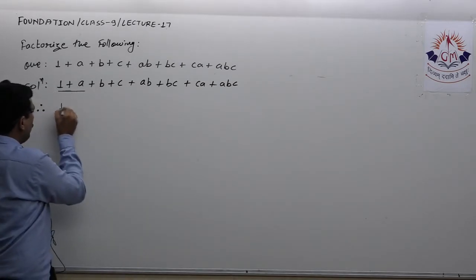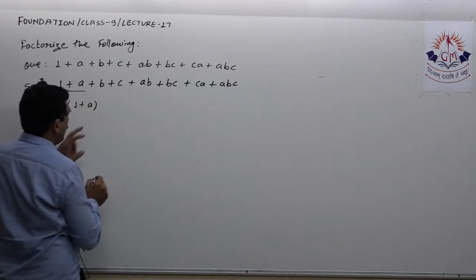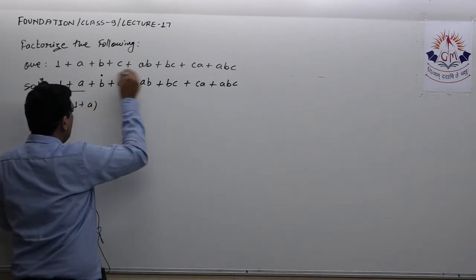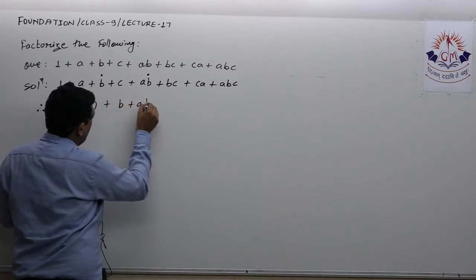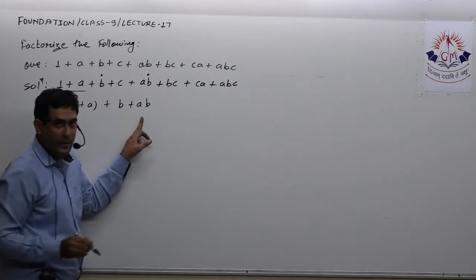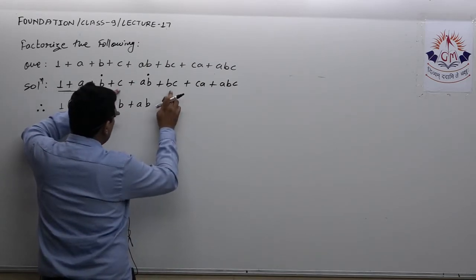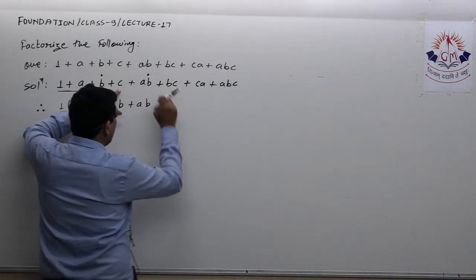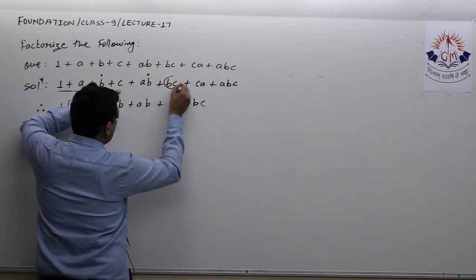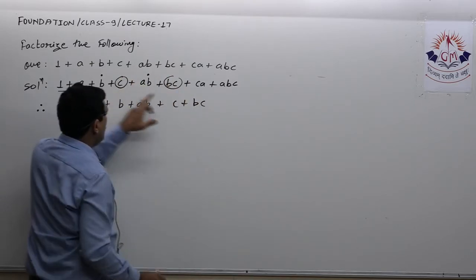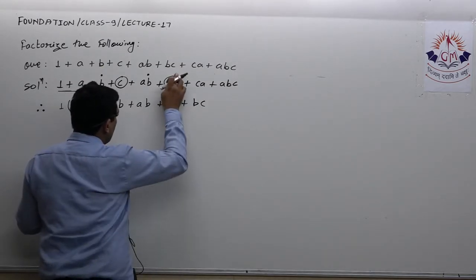For example, if I take 1 common, here I will get 1 plus a. Okay, this I am taking as it is. Now, if I take this b and ab all together, b plus ab, and then if I take b common, again I will get 1 plus a. Okay, then definitely from these two I can take c common, but after taking c common from these two, if I take c common, I won't get 1 plus a in the bracket, so this is not the correct selection.